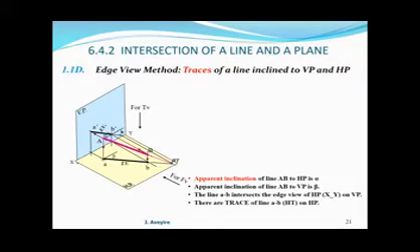Likewise, if we look at the top view TV and extend the line AB to intersect XY, since we are taking HP, XY represents the edge view of VP. If we extend it, it will intersect that line, which means it also intersects the VP.